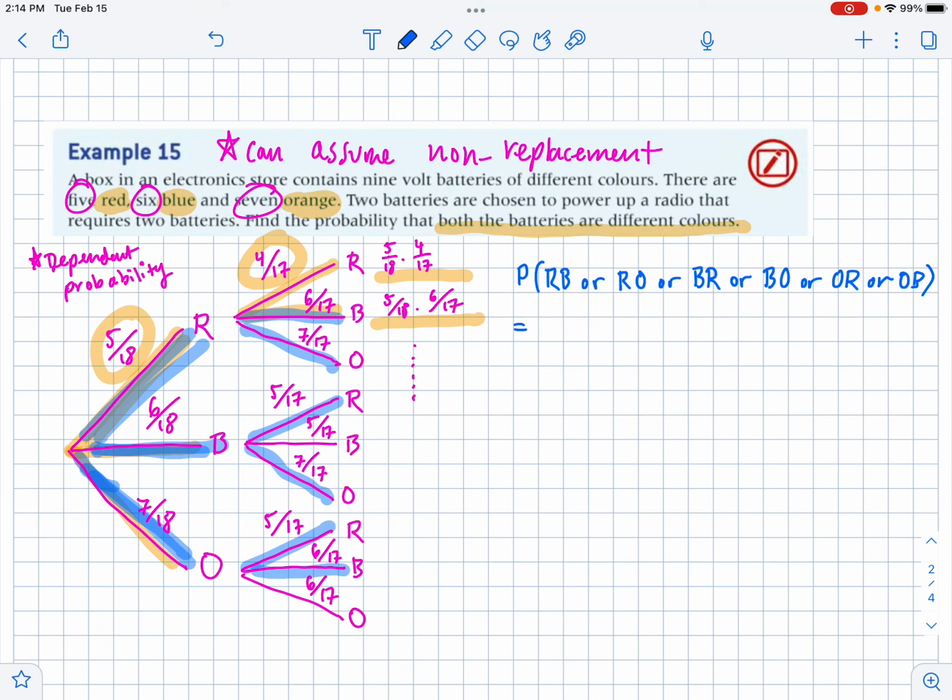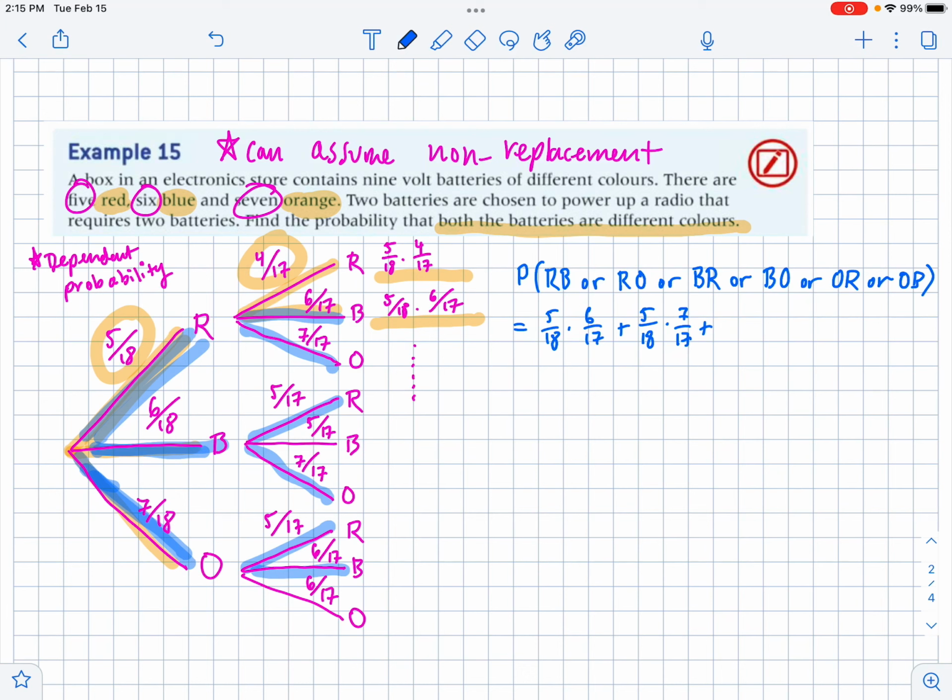So, red, blue is the first one, which is 5/18 times 6/17. And then we're going to have to add red, orange, which is 5/18 times 7/17.